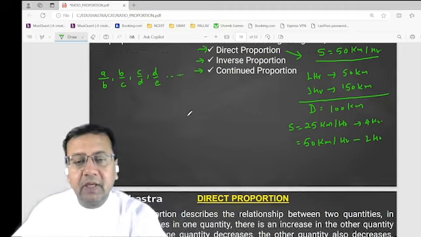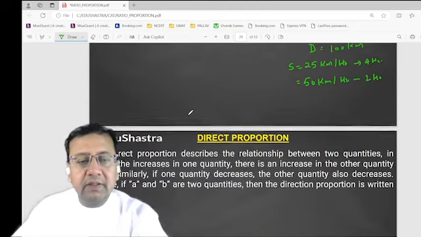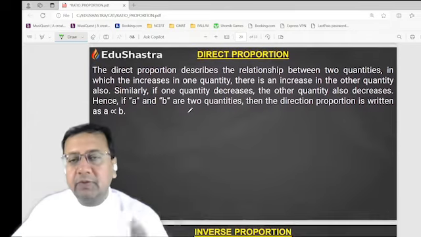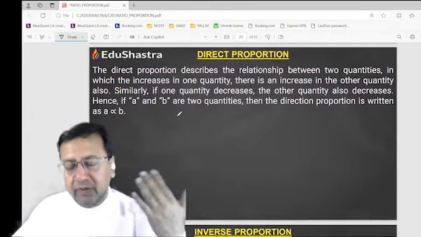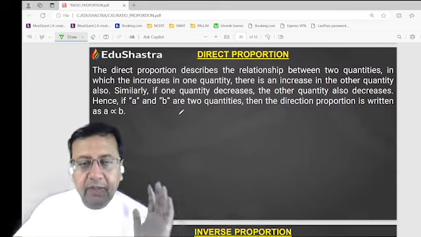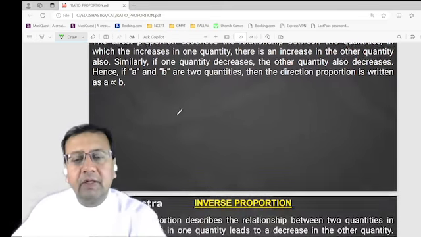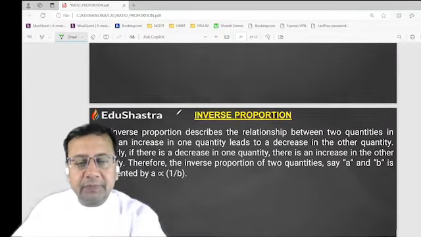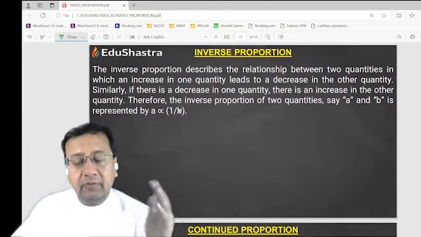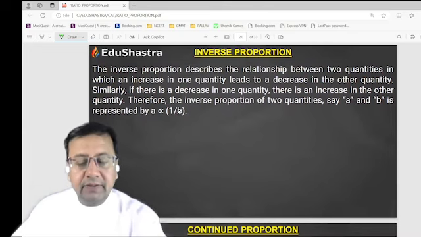Okay. So taking this example, direct proportion, as we have discussed, is when one variable increases or decreases, the other will also increase or decrease in the same proportion. In inverse proportion, when one is increasing, the other will decrease, and when one decreases, the other will increase.